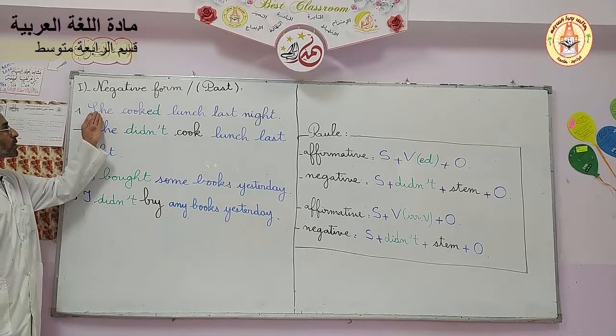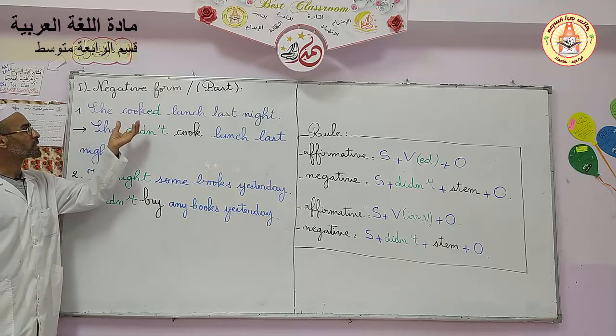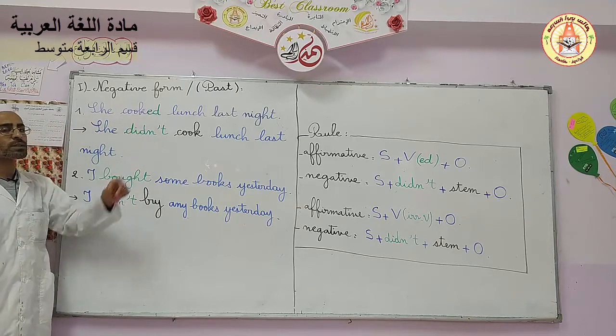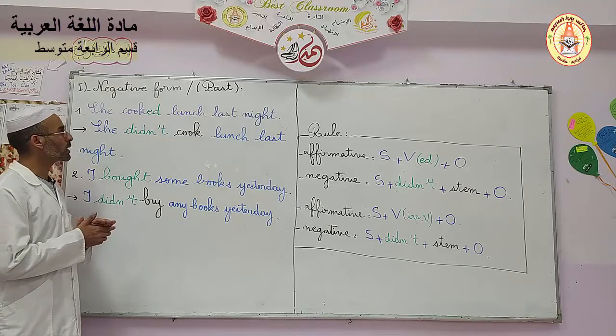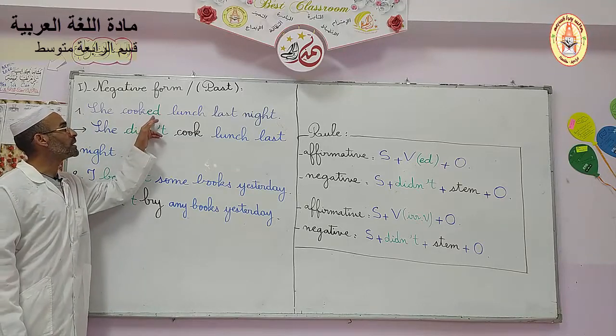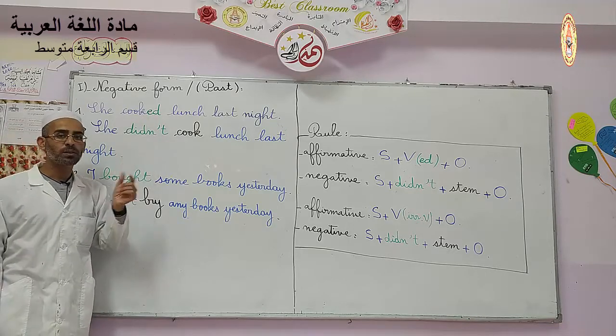Now, when we look at the first sentence, we notice that the verb cooked is in which tense? It's in simple past. Why? Because it has ed at the end. So ed is the mark of simple past.